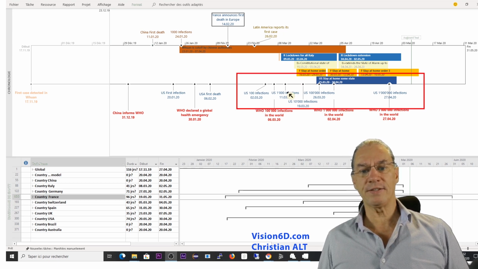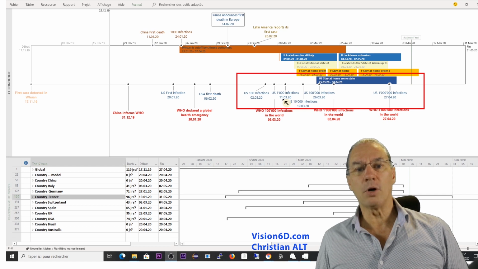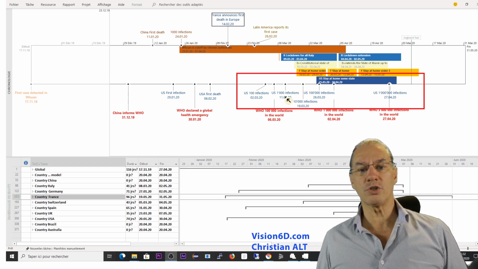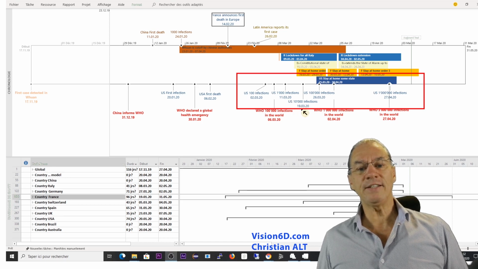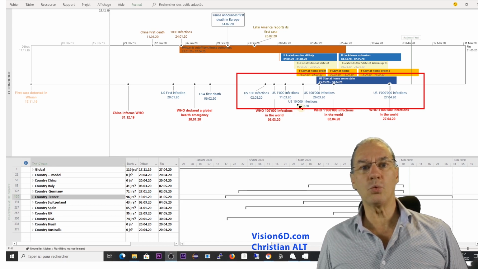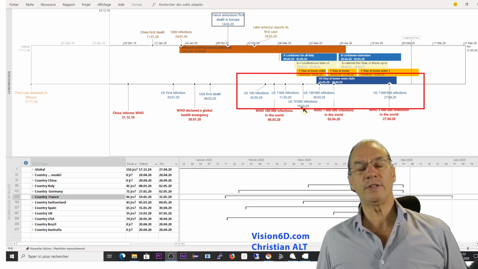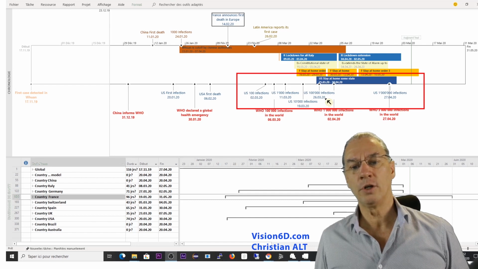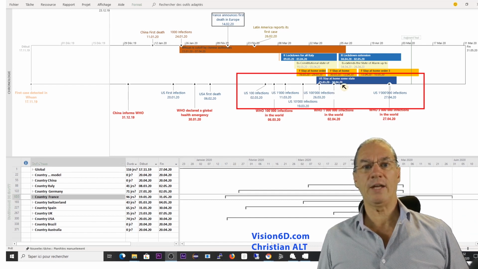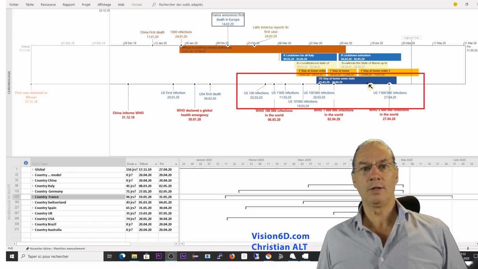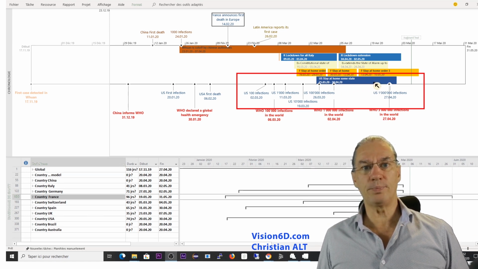The US, on their other side, mid-March, let's say the 11th of March, they had 1,000. And the 19th, so let's admit it was 1 week later, they jumped already to 10,000 infections. They needed first to have 100,000 infections by the 26th of March to decide to give lockdown and stay at home orders or directives to the people.